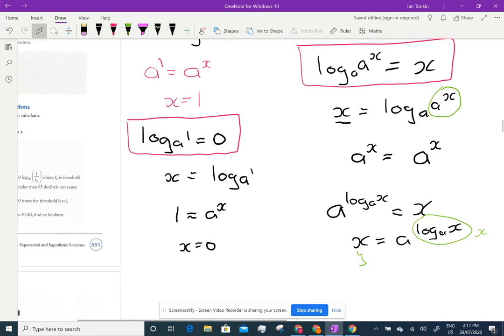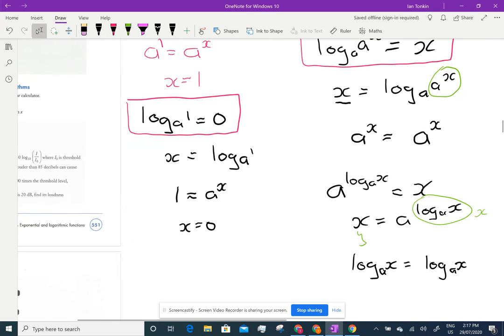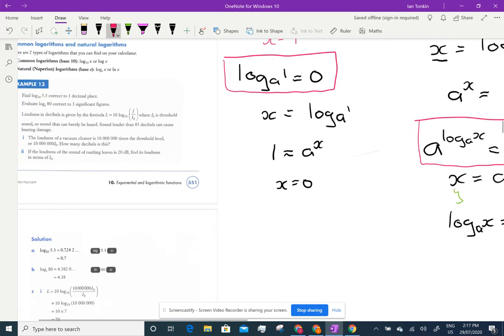So I've got, okay. So that's going to become log a to the x equals log a to the x. Oh, that's true. That's true if I follow that. So there's your next one. And then there's one more that I want to do for you.